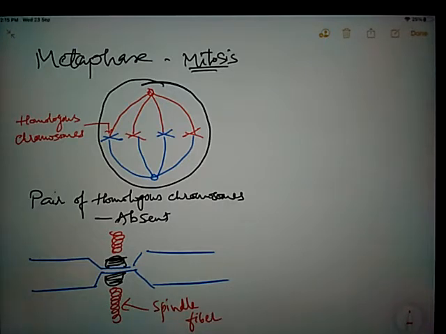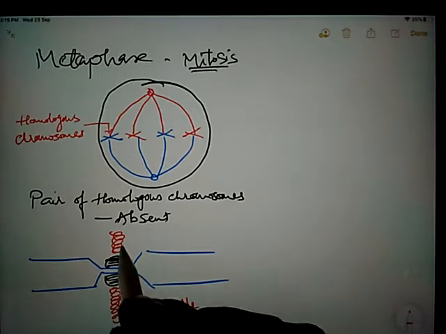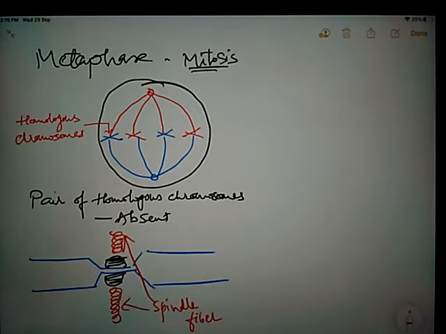Ready? So spindle fibers join from the south pole and from the north pole. Two spindle fibers are joined on both sides at the centromere. So at the centromere, two spindle fibers are attached.